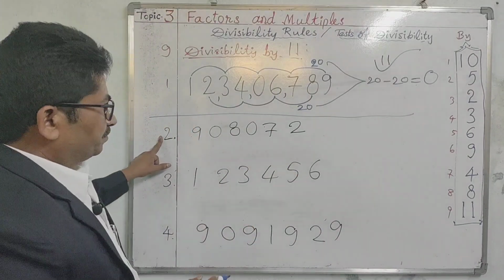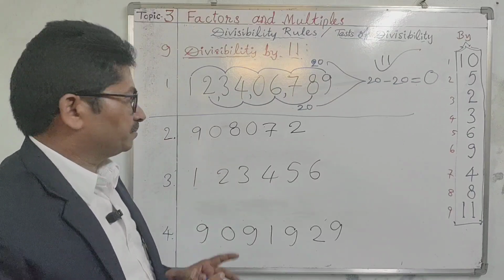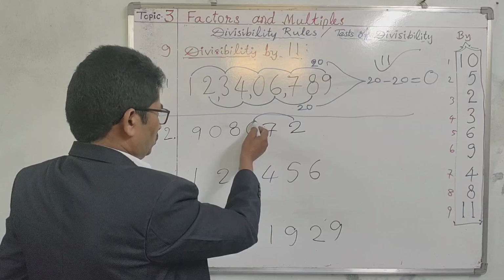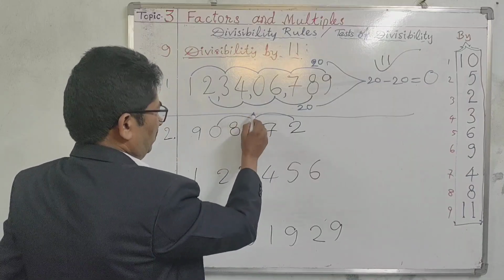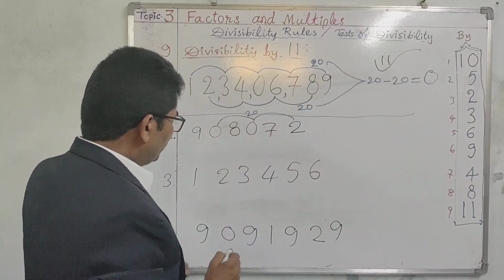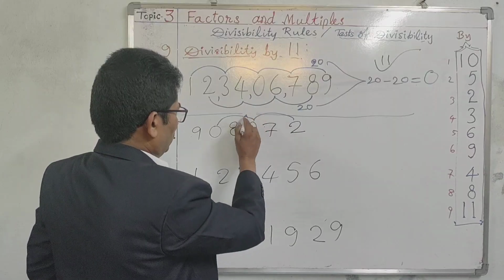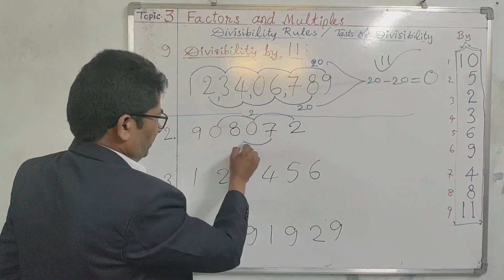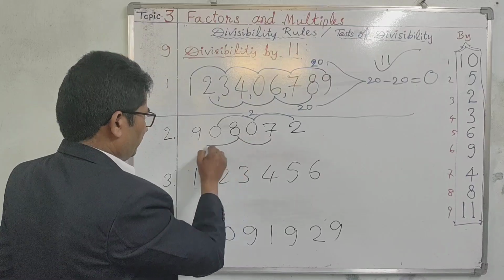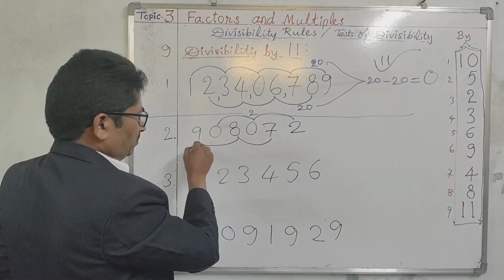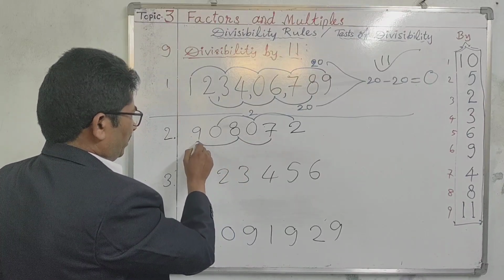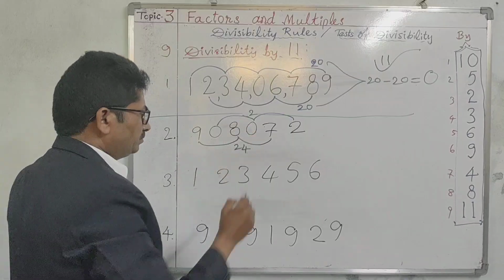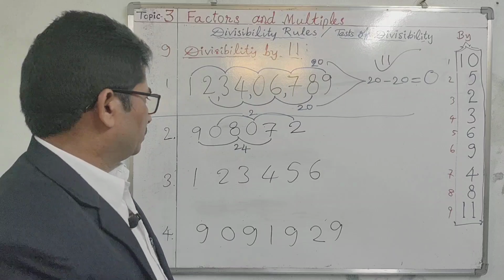Next, second: is this divisible by 11? We can check. 2 plus 0 is 2. Next alternate digits: 7 plus 8 is 15, 15 plus 9 is 24.